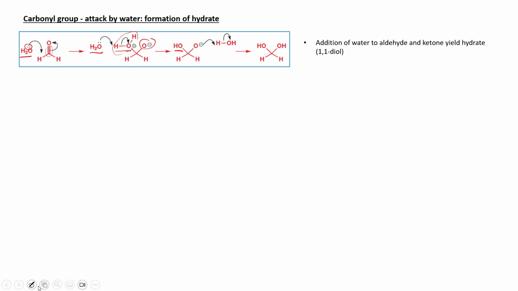But also remember, the same thing can occur here. Here you can see it's already an oxyanion, meaning the O bears the negative charge. So this behaves like a nucleophile attacking the water, and in this case the water behaves like the electrophile.